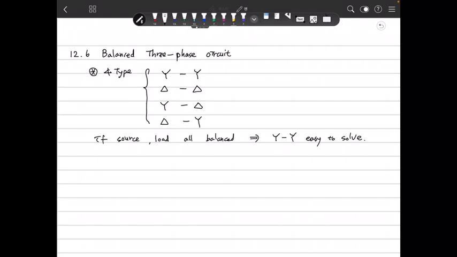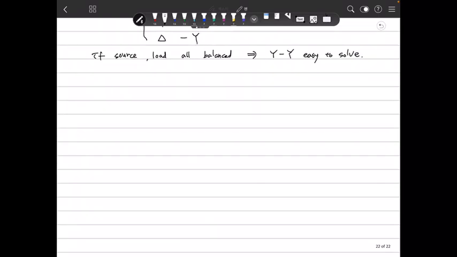For example, there is a Y configuration source here, like that, and a delta configuration load.